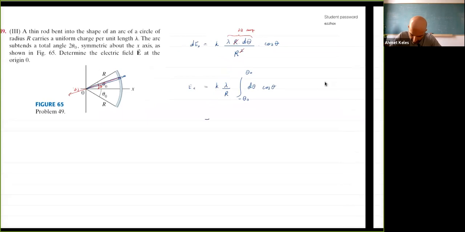And we can take this integral. It's like k lambda over r times sine theta, the most elementary integral we can find, from minus theta 0 to theta 0.